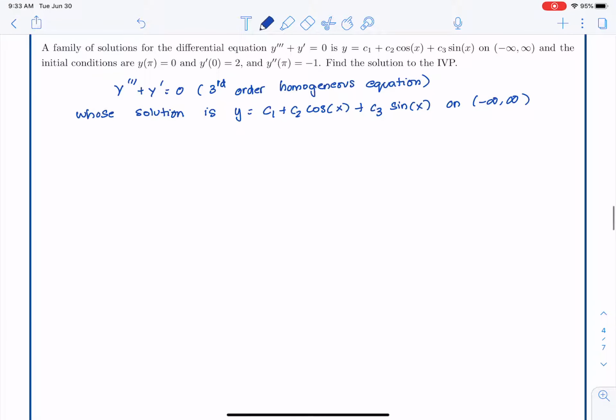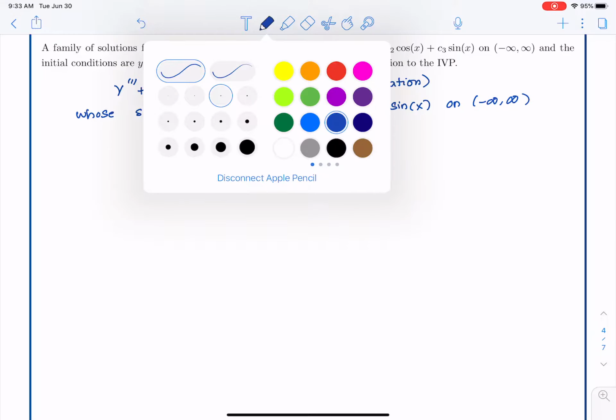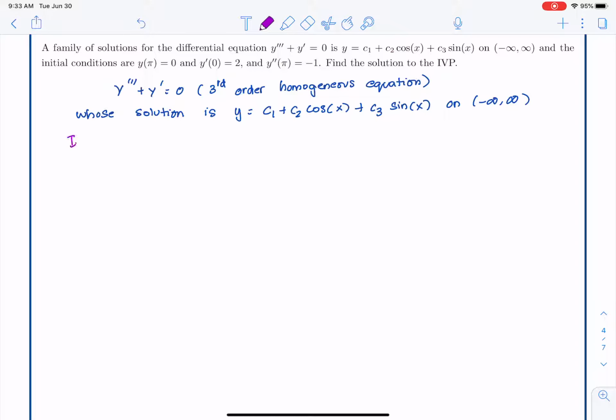The initial conditions, we need 3 of them: 2 for the first and the second derivative because we have a third order homogeneous equation, and 1 on the solution itself. So the initial conditions are y of pi equals 0, y prime of 0 equals 2, y double prime of pi equals negative 1.